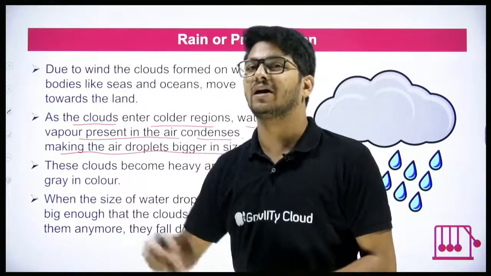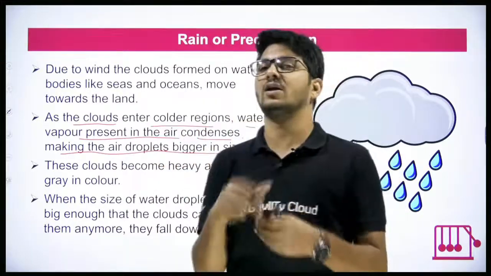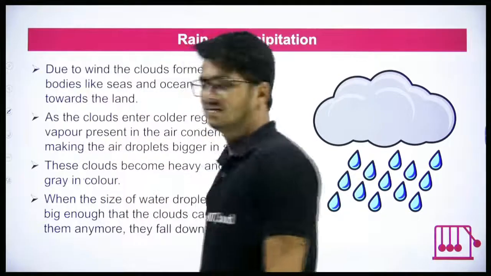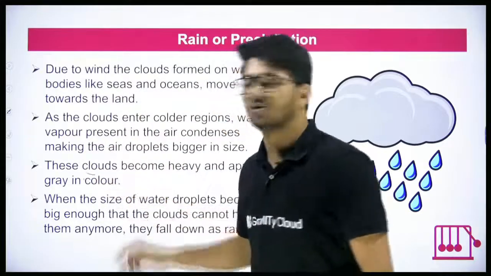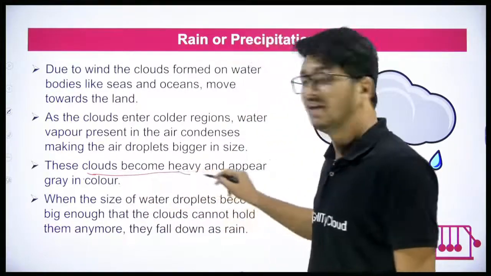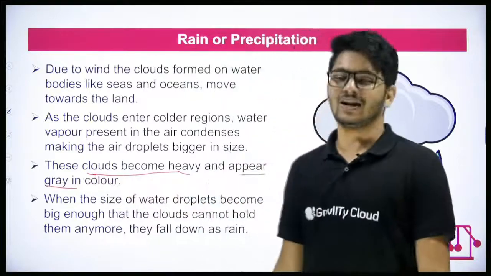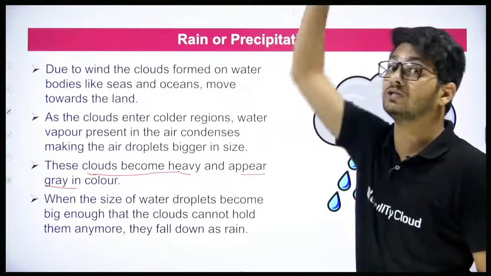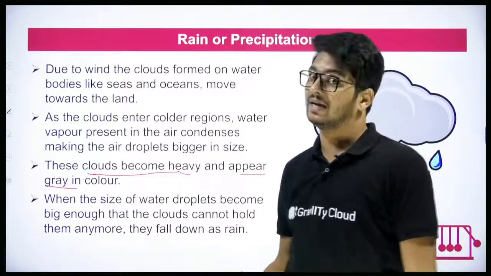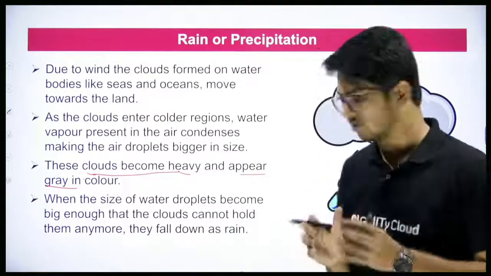More water vapor converts into water, so the size of water droplets increases. Now these clouds become heavy and appear grey in color. You know, right? Whenever rain occurs, the clouds are mostly grey. Yes? Good.